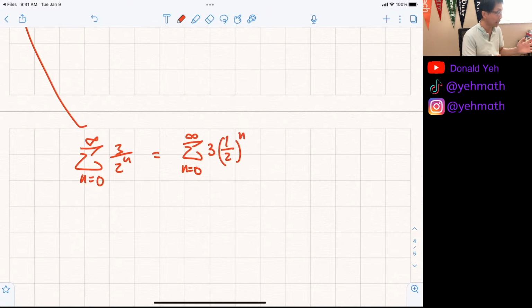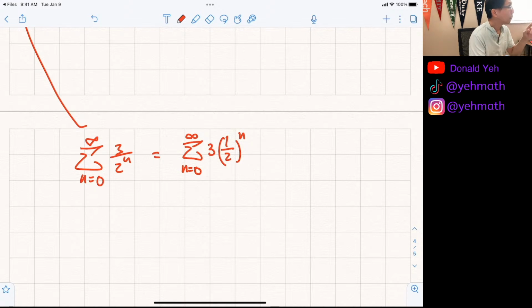Do I change anything? That 3 is a constant, so I move it aside. You thought 3/2 was a common ratio, but it's not, because only 2 is to the n, not 3 to the n. If it's 3 to the n, then it's (3/2) to the n, and the common ratio is 3/2. But in this particular case, what is the common ratio?